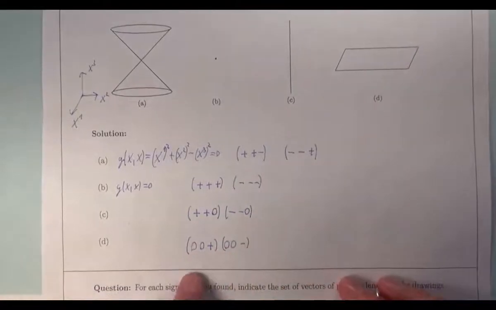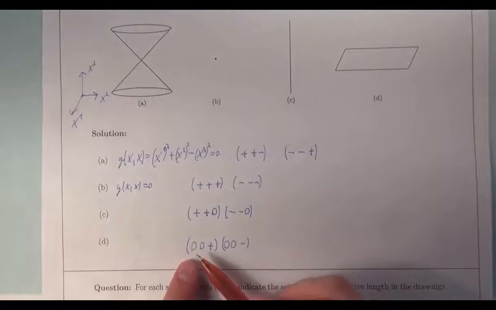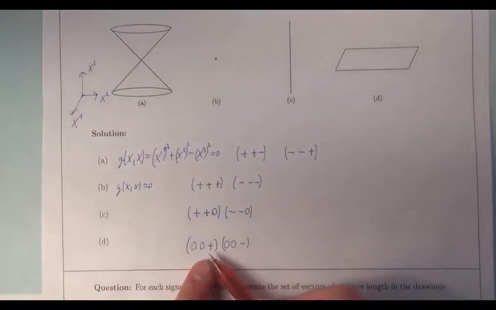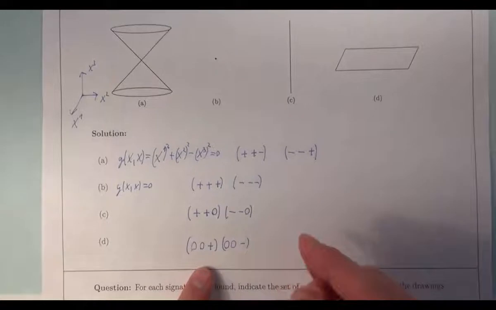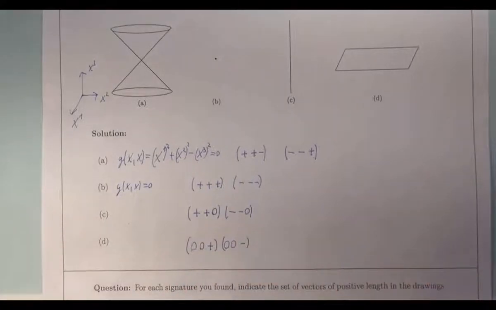I repeat the argument once again. We should be able to plug in for x1 and x2 everything we like, and it doesn't matter. But for x3, it never could add up to 0 because it's just one component. So, in the end, these are all the possible signatures.